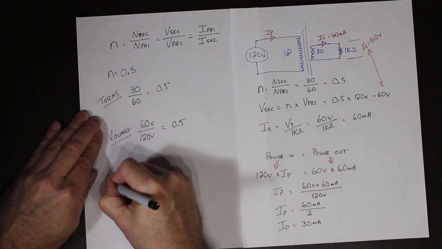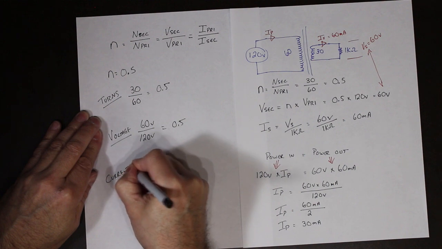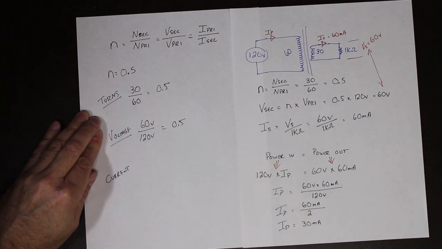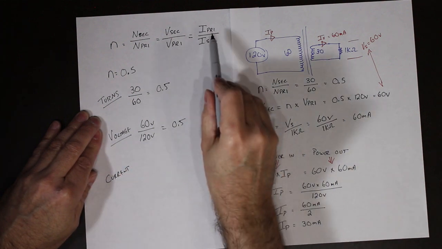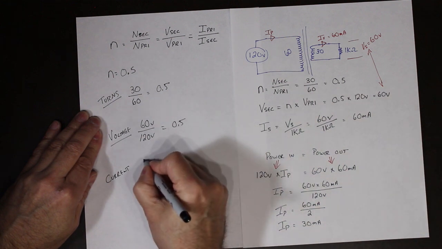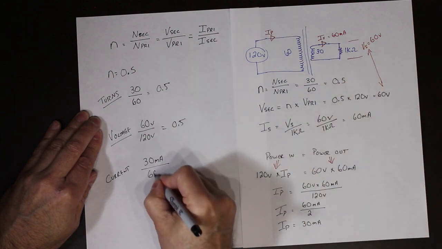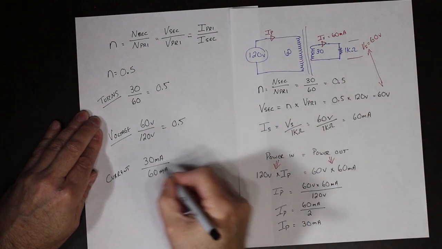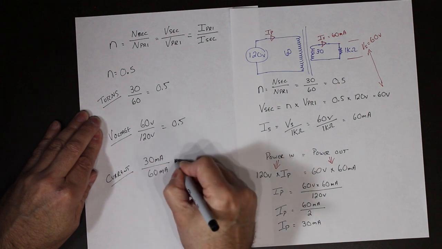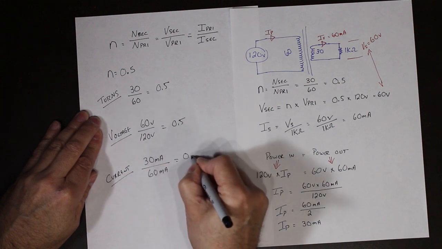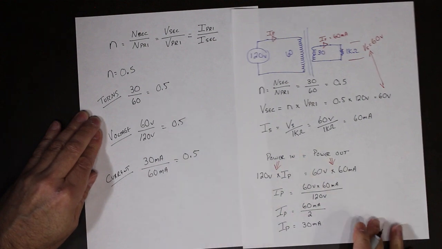Now we have current. Current on the primary is 30 milliamps. Current on the secondary is 60 milliamps. Again, 0.5.